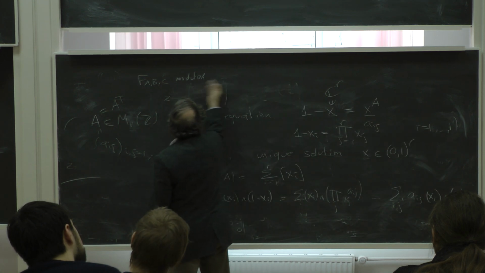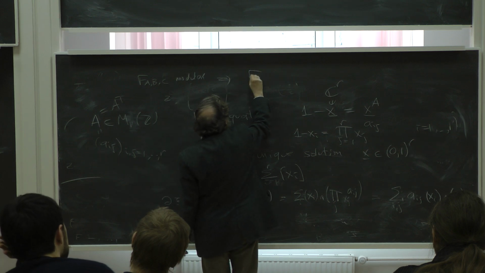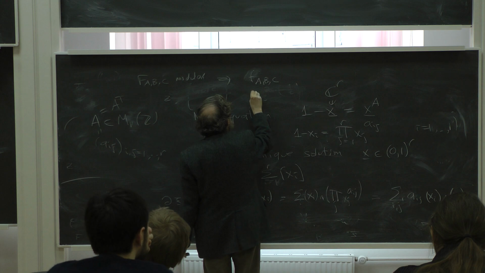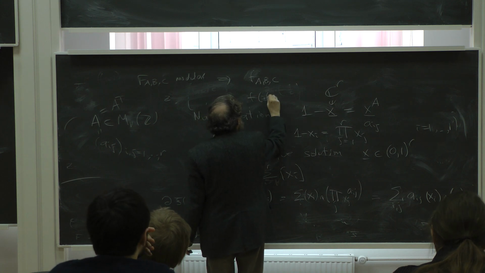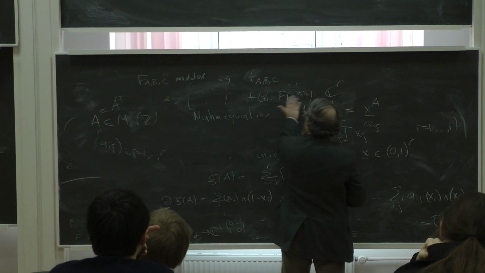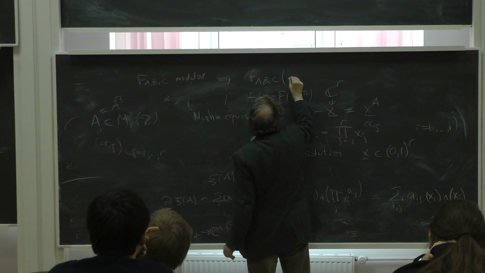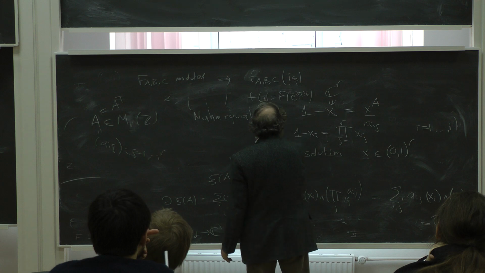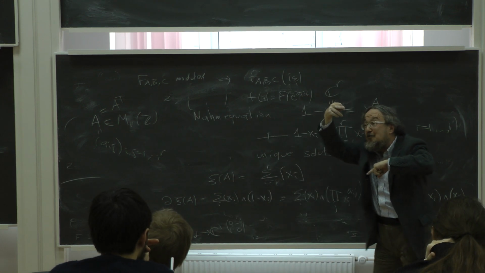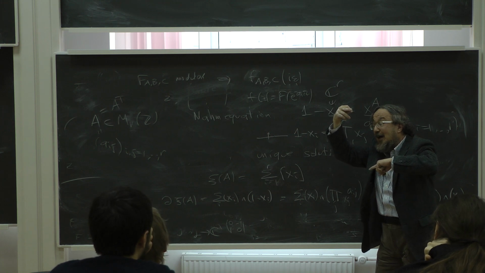So what that tells you is that if you look at F ABC, not of q, that's called little f ABC, which is f of z is capital F of e to the 2 pi iz. I have to always make this change of variables. If I look at this function where z is very small, i times epsilon, then you can send epsilon to i over epsilon, right?